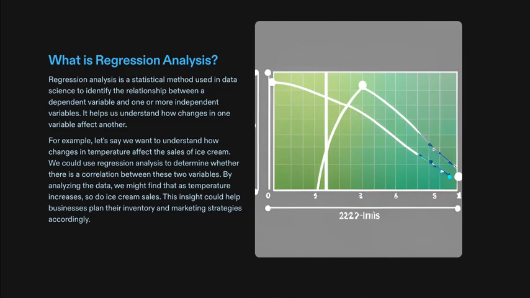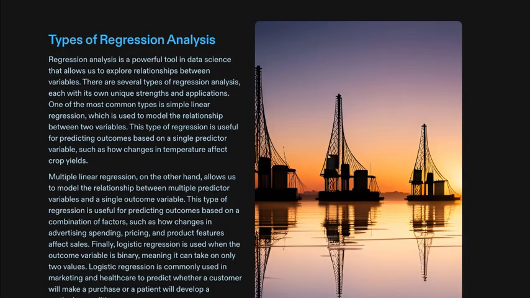That is regression analysis. Now, when you look at the relationship between those variables, what are the types of regression analysis? I'll start with linear regression. Linear regression is used to model the relationship between two variables.